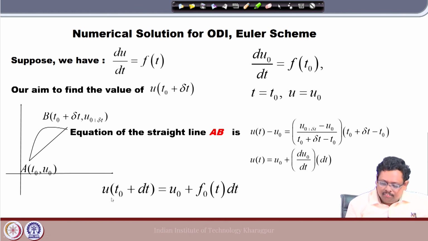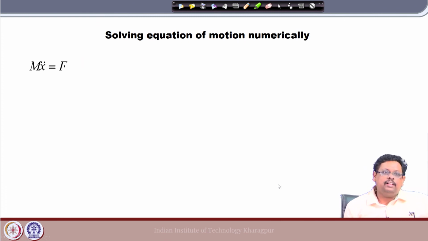I find the value of u at a future time step delta t if I know the value at the present time as well as du/dt at the present time. How am I going to use this for my particular case? We are going to solve m x double dot equal to f.